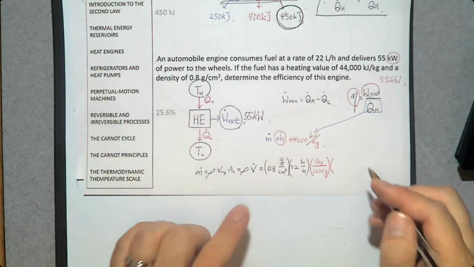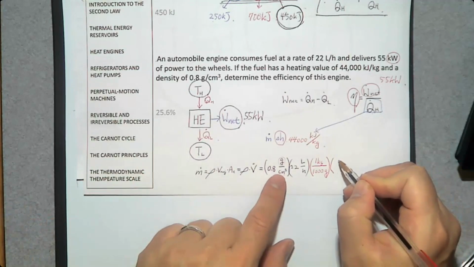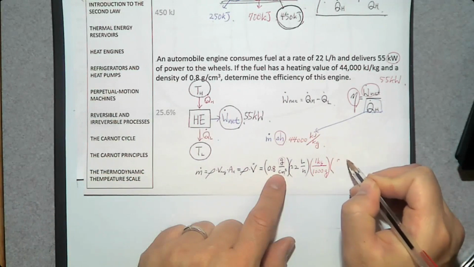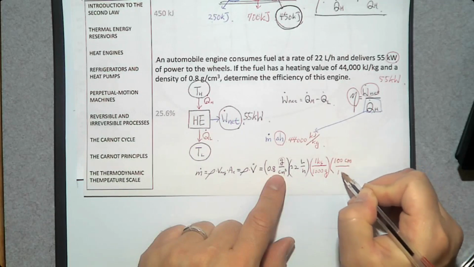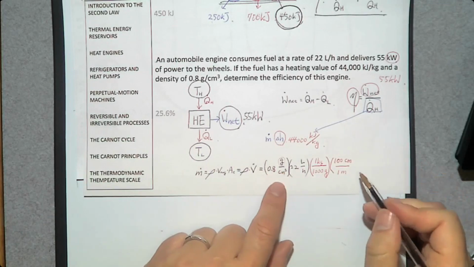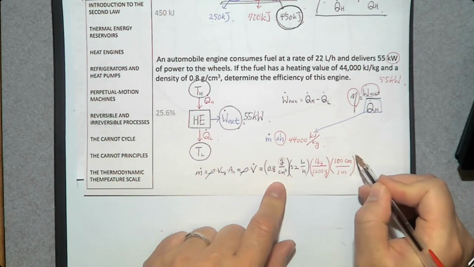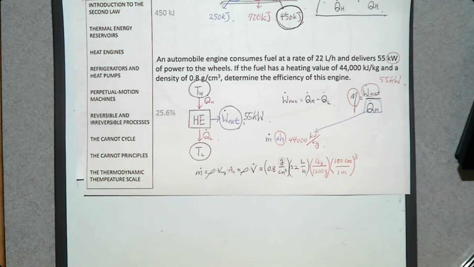Centimeter is in the denominator, so centimeter should be on top, in the numerator. 100 centimeter is 1 meter. Oh, wait, it's a centimeter cube. Okay, no problem. Centimeter cube.